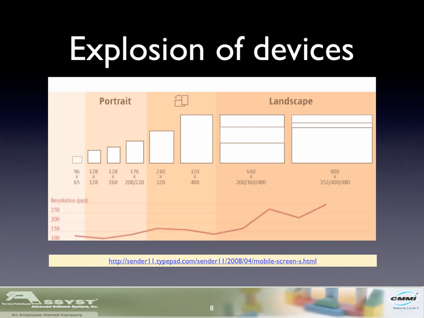The chart here is from a research organization, and I've included a link for your benefit. They tracked the number of users and the most popular form factors, and they tracked over 400 devices which have come over a short spell of 5 years between 2005 and now. And the most popular ones are shown on this screen here, from 96 by 65 to 320 by 480 are the mobile devices.